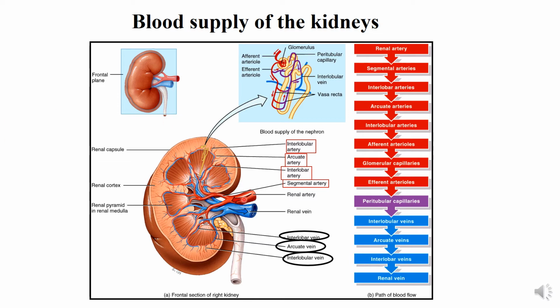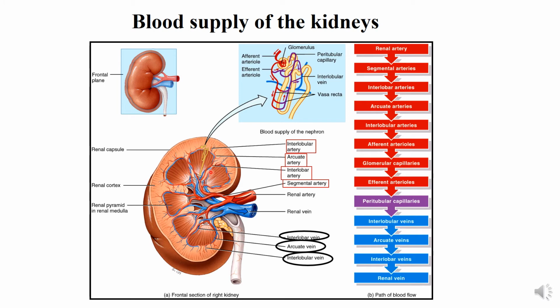If we trace the renal artery, we will find that it is divided into several segmental arteries, and each segmental artery will give off several branches. These branches enter the parenchyma of the kidney and pass in the renal columns between the renal pyramids, and here they are called the interlobar arteries because they go between the lobes of the kidney.